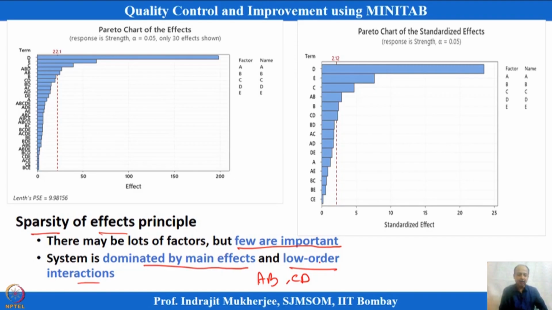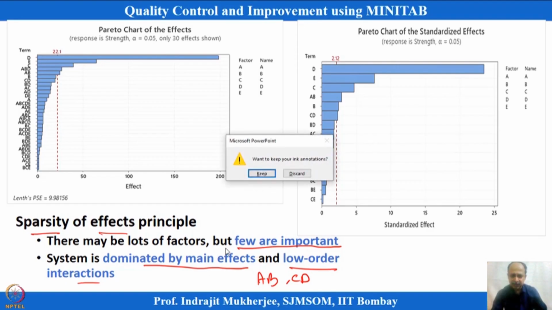These are the lower order interactions, so it becomes easier for us to analyze the data. We are ignoring the higher order interactions, and based on that we define what should be the levels of A, B, C, D and E. So this is the condition that we are considering over here.